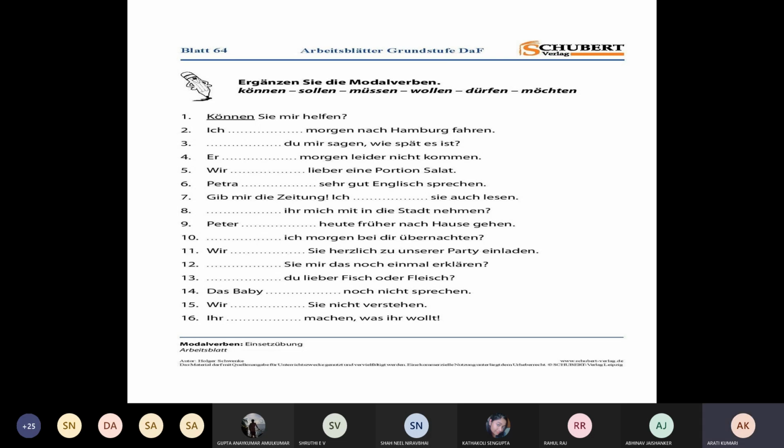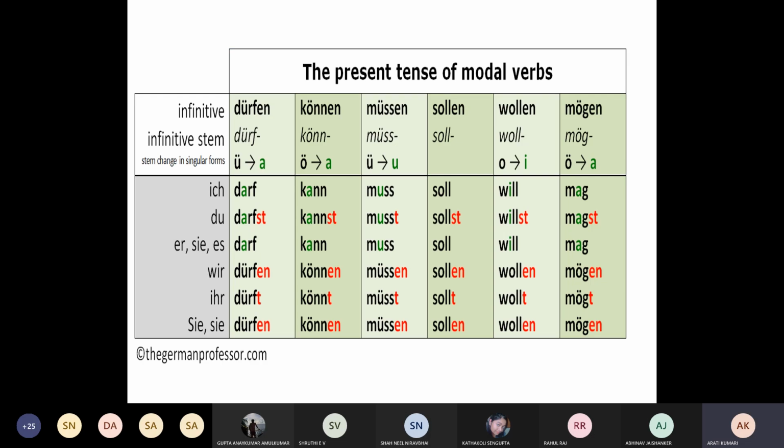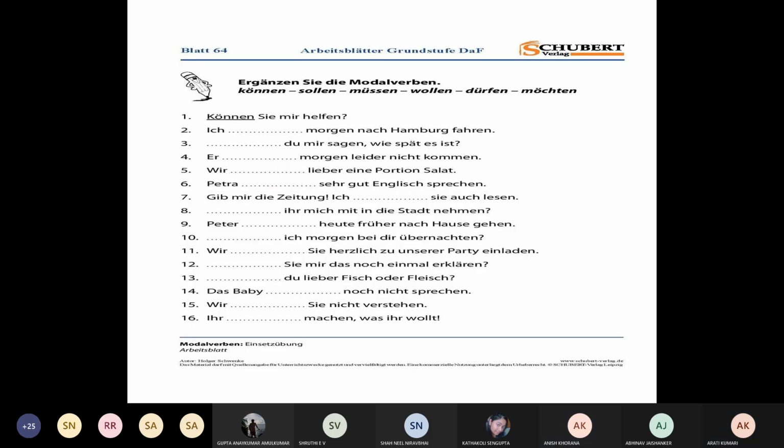What modal verb should go there? Können, yes, Anish? Können. So, how do we conjugate können? We'll look at the table. For du, what form? Kannst, yeah, du kannst, right? So, what do we put here? Kannst du mir sagen, wie spät es ist? Can you tell me what the time is?